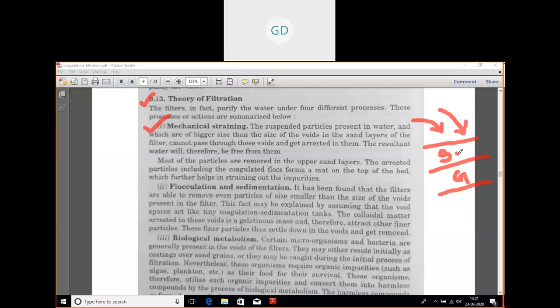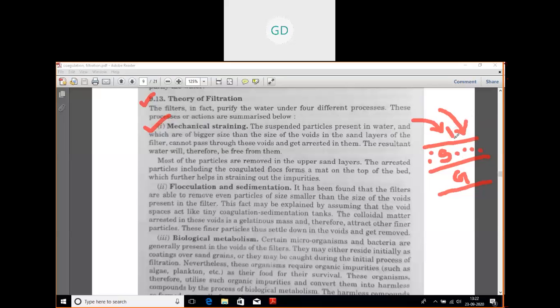in the sand there are voids like this. Yes, you have studied this in soil mechanics, right? There are many voids. So if the size of the suspended particles present in water is larger than the size of the voids in the sand layers, then what will happen? Obviously these suspended impurities cannot pass through these voids.